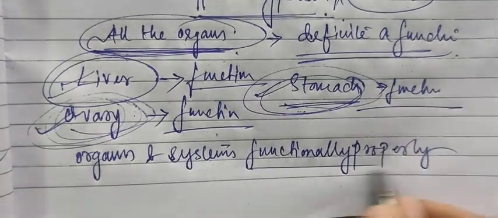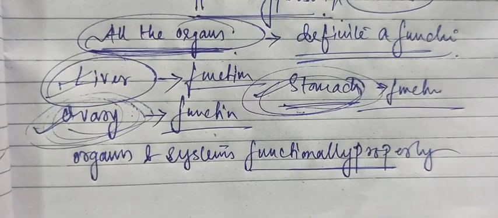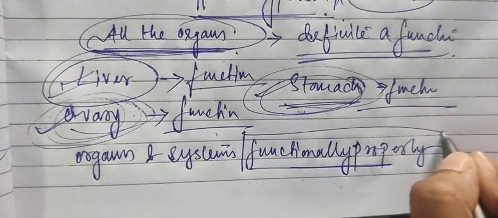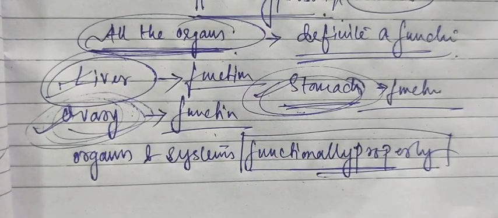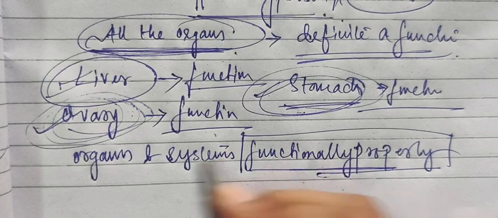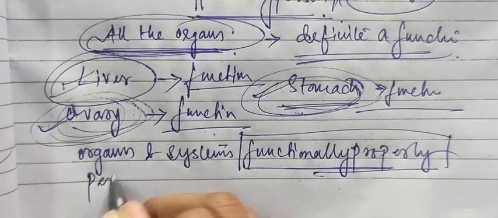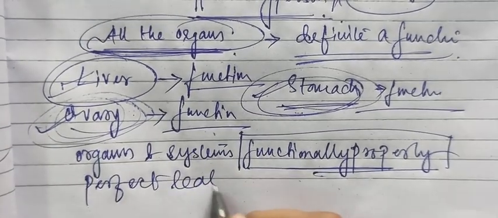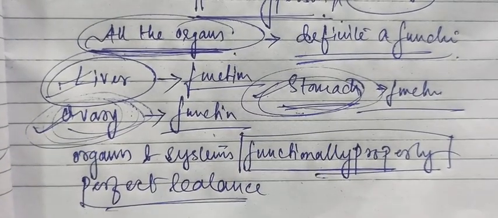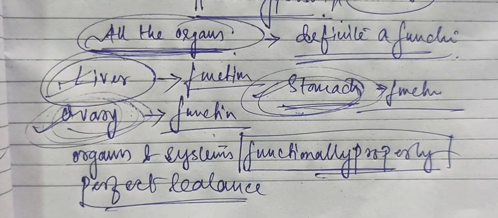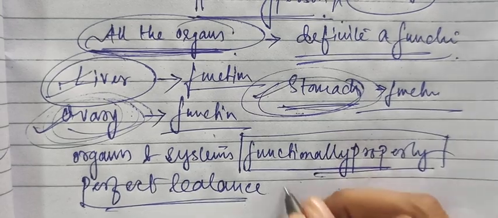This is the main important thing in reproductive health. And next, a perfect balance: organs and systems function properly, and we should have a perfect balance between the environment and the body.